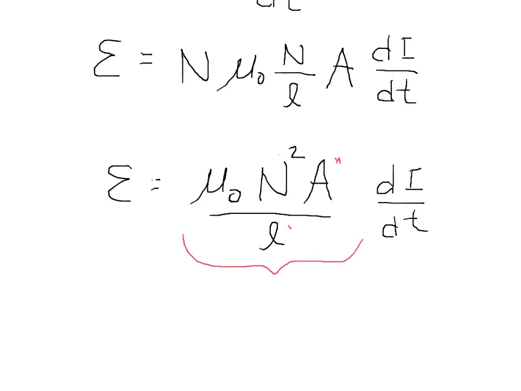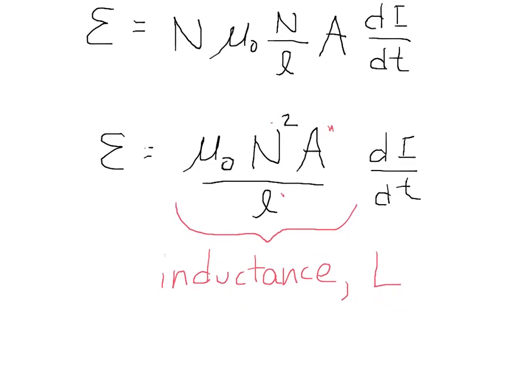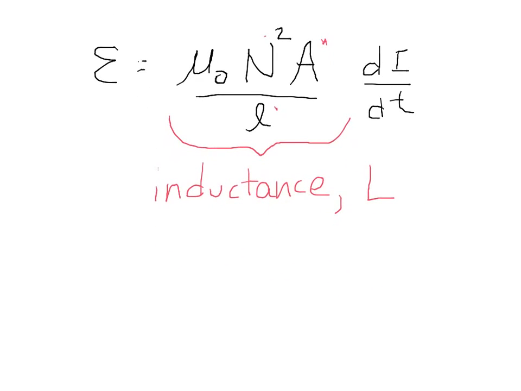And so once we have a solenoid built, we pretty much have established what all of that stuff is. So we group this together and we name it the inductance of the solenoid. Inductance. And we use the symbol, my apologies here, the symbol is L. So if you don't like the symbol L, don't blame me, I didn't come up with it.